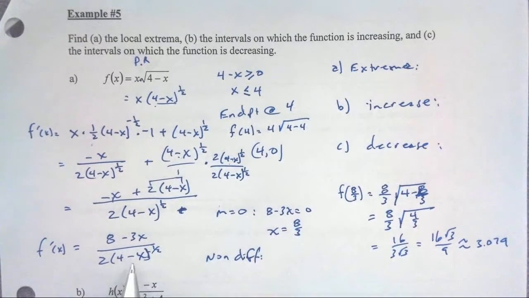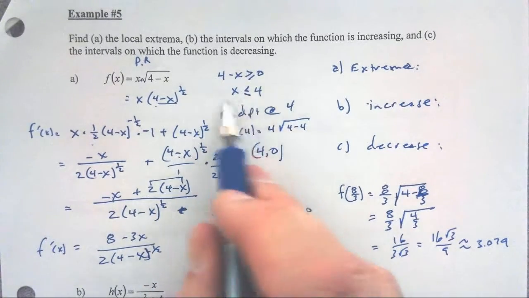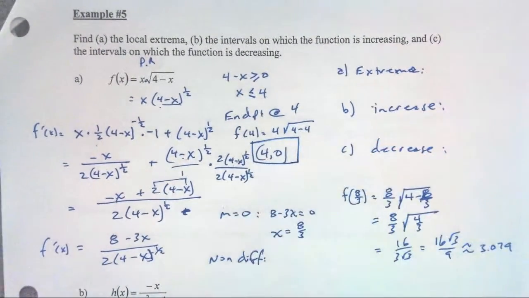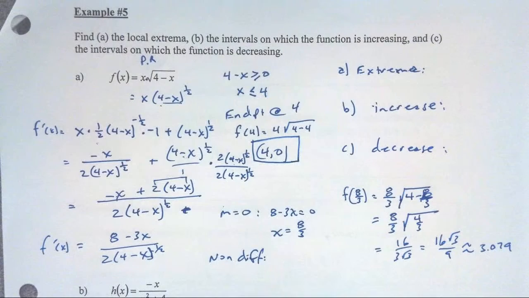Our non-differentiable occurs when x is 4. I can take the square root of 0, but I can't divide by 0. Now, it also happens when x is 5, but we've already eliminated the possibility of x being 5. So I have a non-differentiable at 4, but I've already dealt with 4.